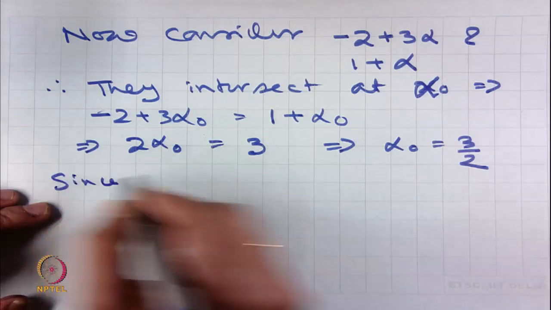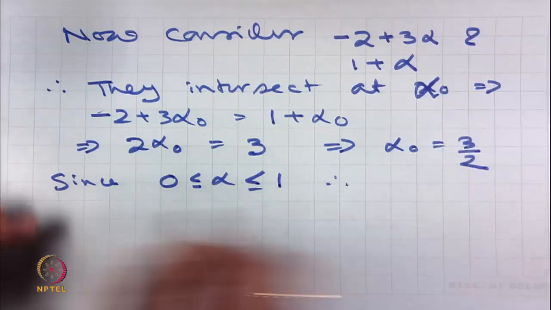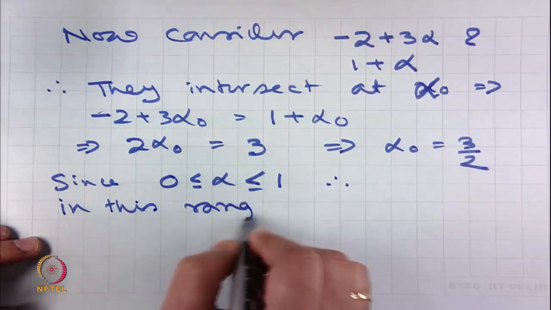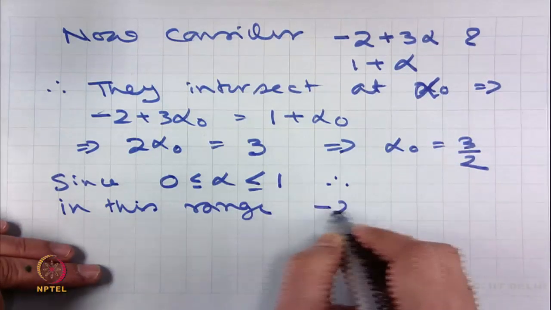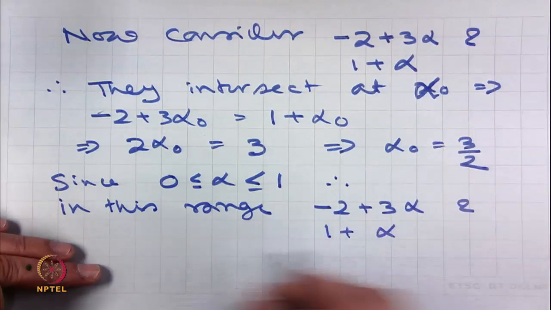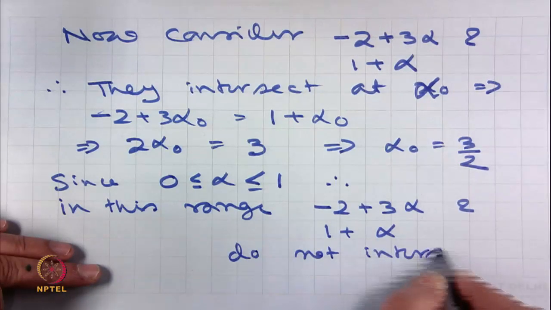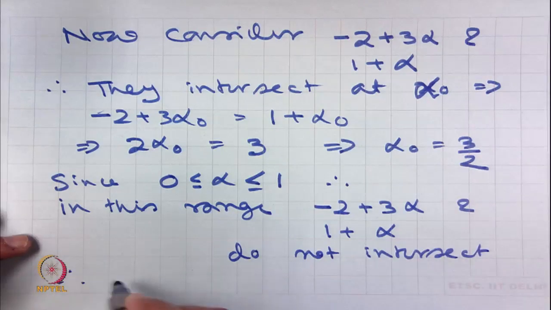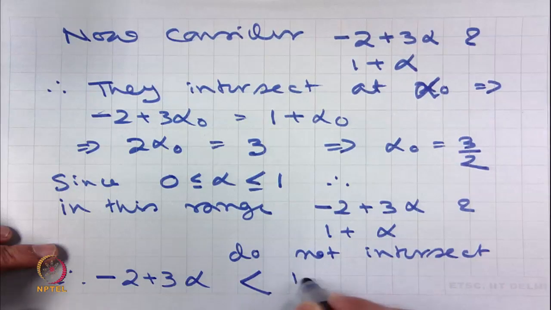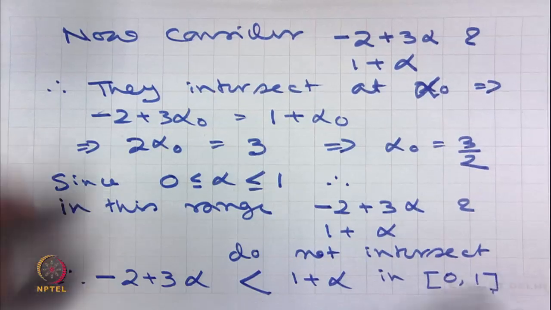Since 0 ≤ alpha ≤ 1, therefore, in this range -2 + 3 alpha and 1 + alpha do not intersect. Therefore, -2 + 3 alpha is always less than 1 + alpha in [0, 1].